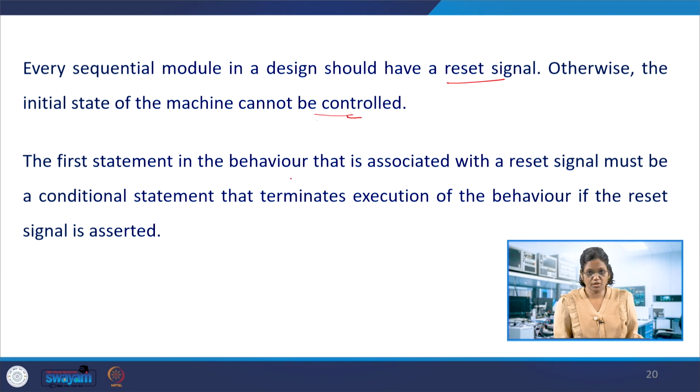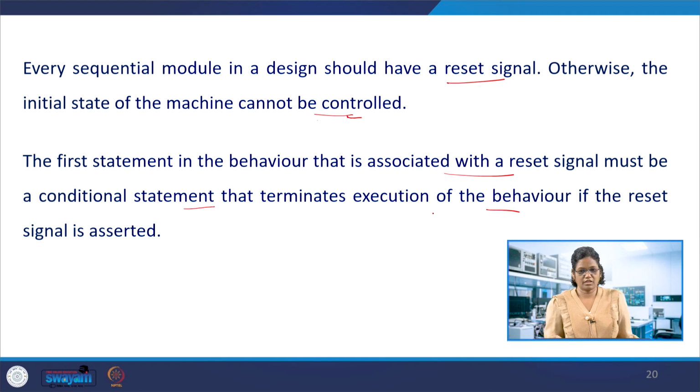The first statement of the behavior that is associated with the reset signal must be a conditional statement, and that terminates the execution of the behavior if the reset signal is asserted. So it's obvious that always at the passage of the clock, if reset, do that operation; the first statement should be the if statement, the conditional statement which can help to reset or control the states using the reset signal.